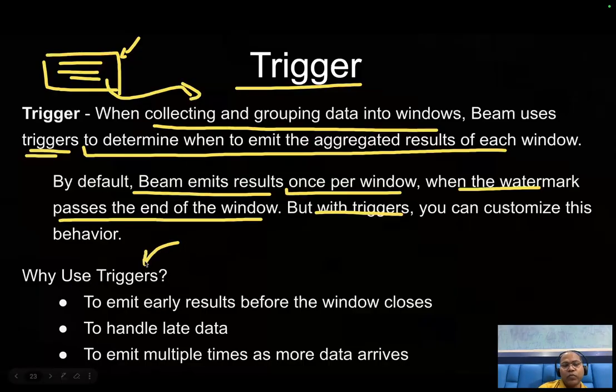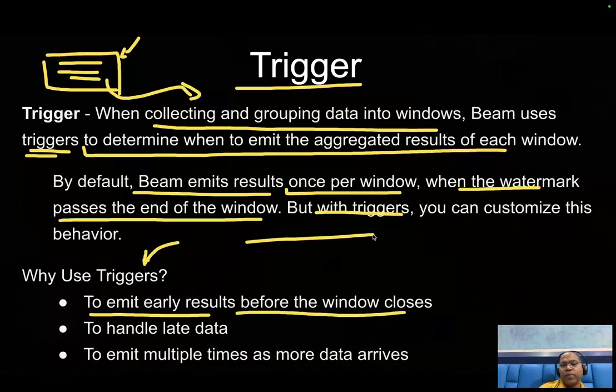In some scenarios, the trigger helps us emit an early result before the window closes. Maybe our window is going too long, so I am going to emit the result within the window. Triggers even help us handle late data.